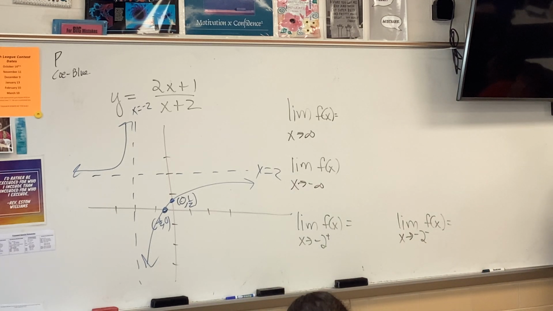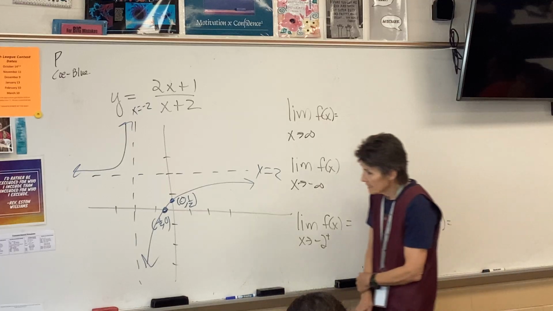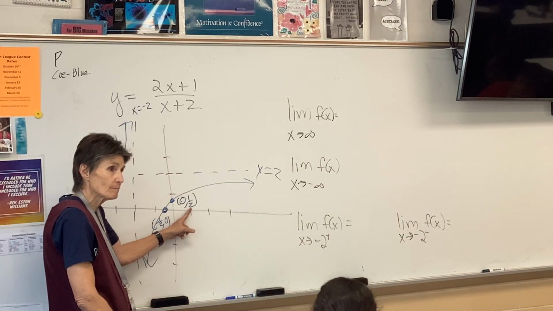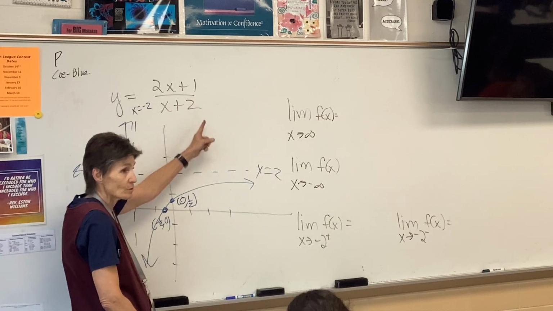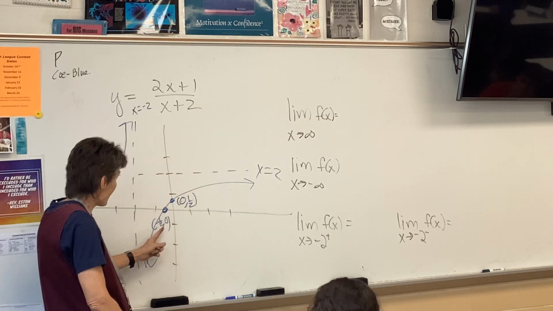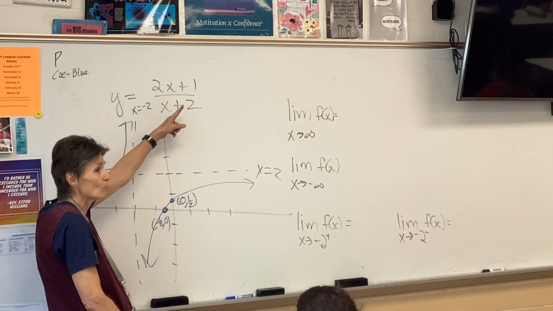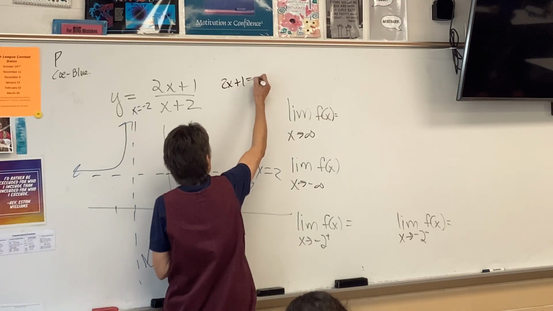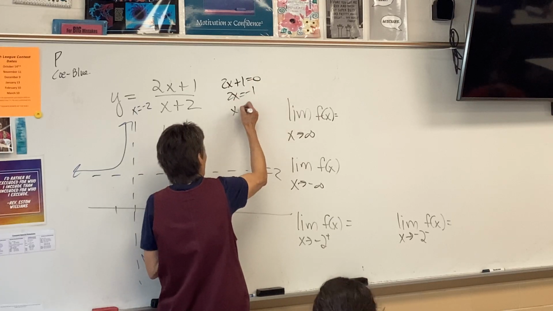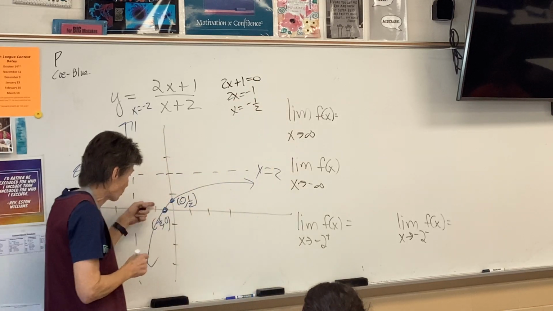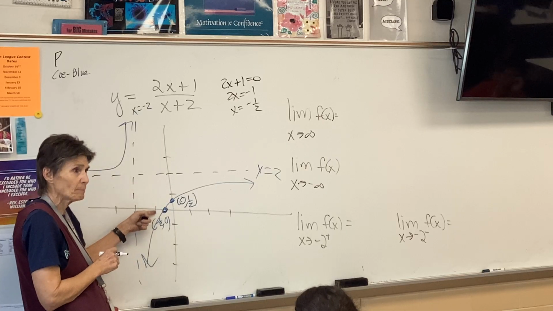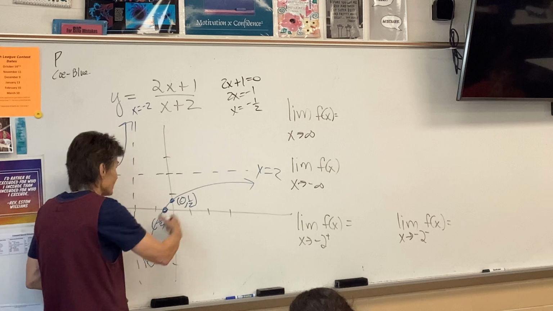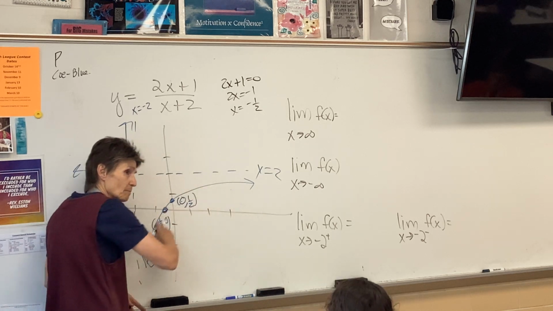Look at his intercepts. He said his y-intercept is (0, 1/2), because when he plugged in zero, he got a half. And then he solved the numerator, set it equal to 0, and he got negative 1/2 for his x-intercept. I think all that's perfect. So then he connected these dots and got this.